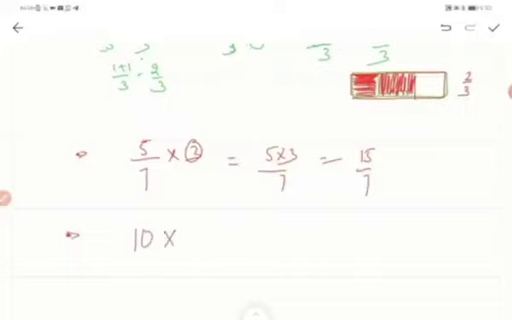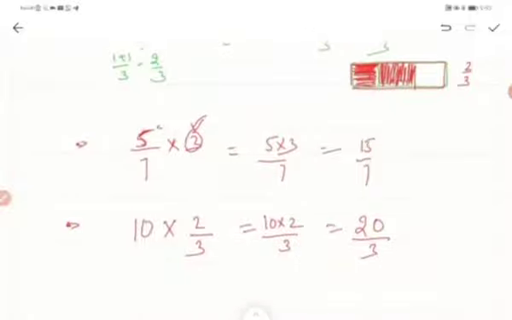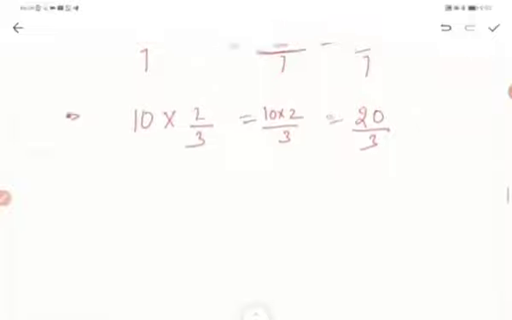If I take 10 into 2 by 3, so this is how much? 10 into 2 divided by 3. This is equal to 20 by 3. Alright, so when a whole number is multiplied by a fraction, you will just multiply the whole number with the numerator of the fraction, and like this you will get the answer.